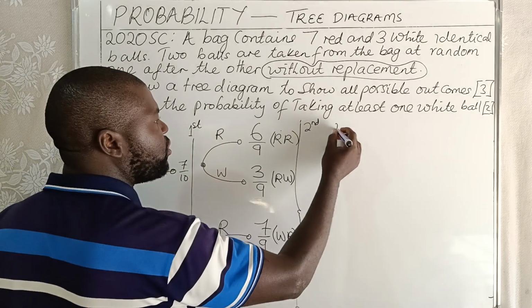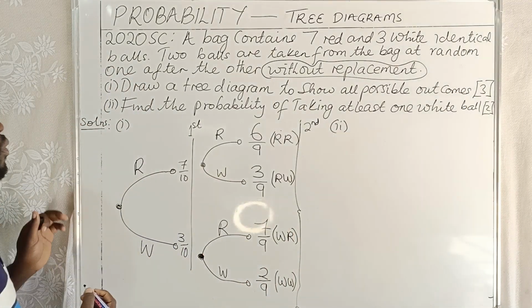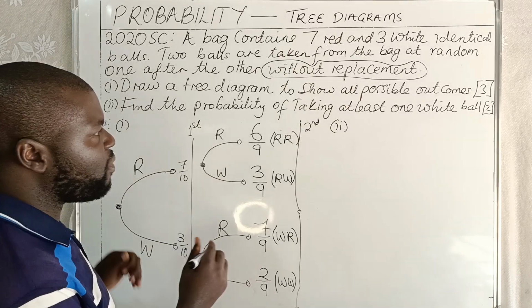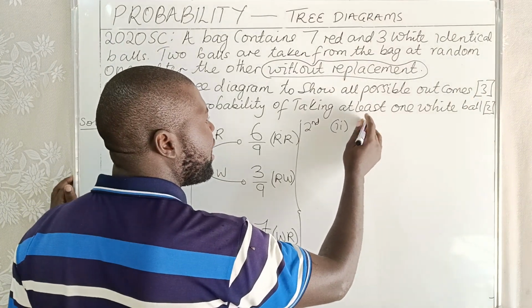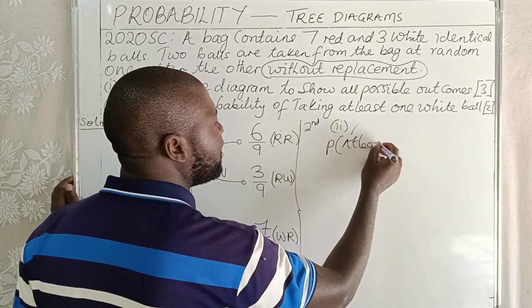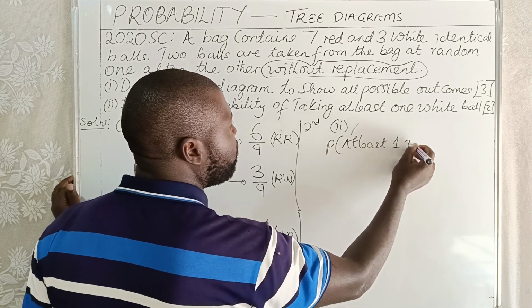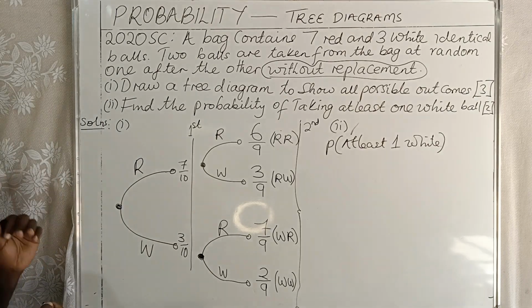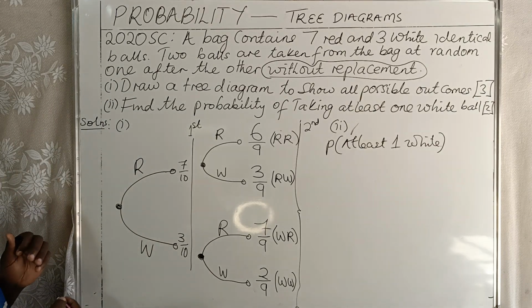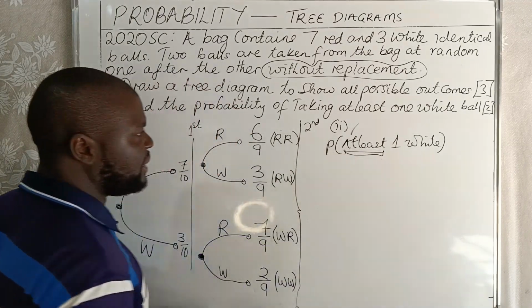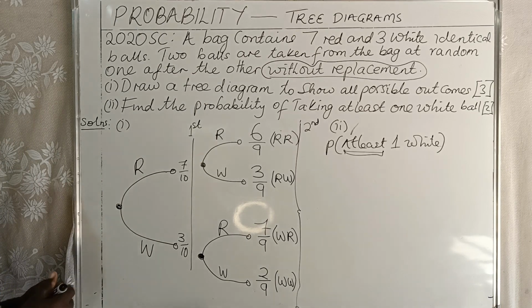when we look at part 2 of the question, we are told to find the probability of taking at least one white ball. We have to be careful with this word, at least. We need to know what it means for us to correctly handle this question.